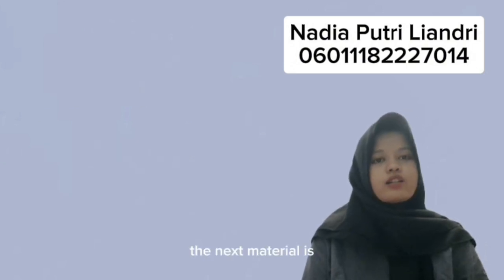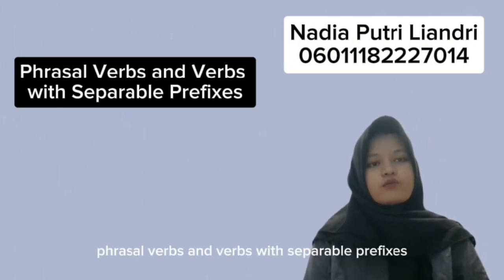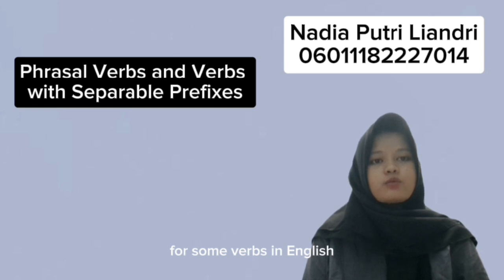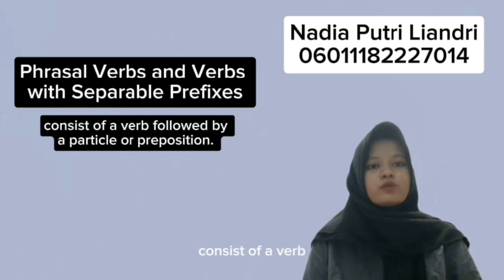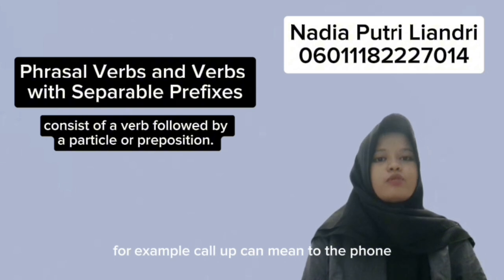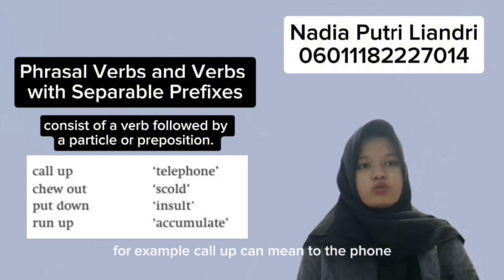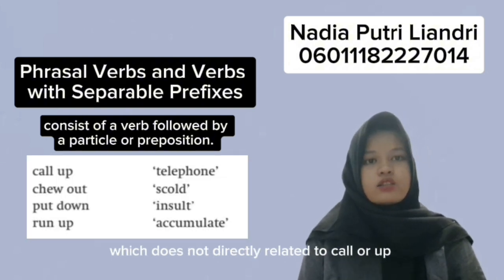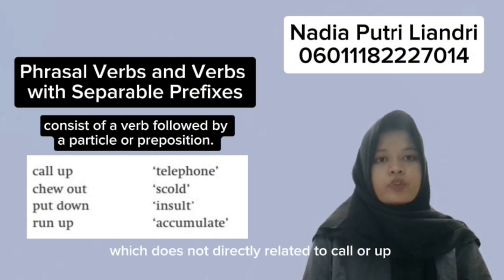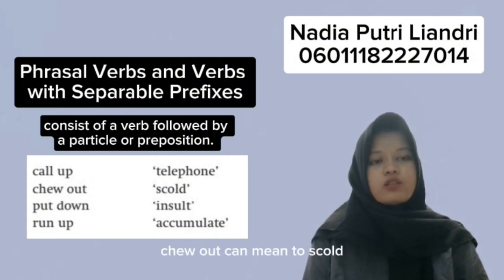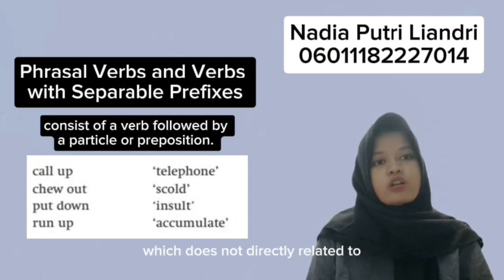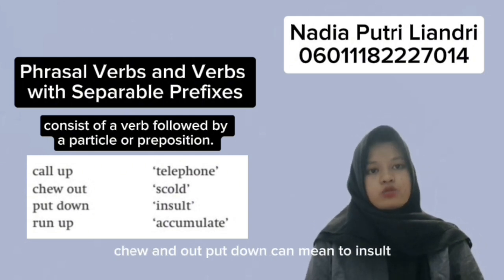The next material is phrasal verbs and verbs with separable prefixes. Phrasal verbs in English consist of a verb followed by a particle or preposition. For example, "call up" can mean to telephone, which is not directly related to call or up. "Chew out" can mean to scold, which is not directly related to chew and out.